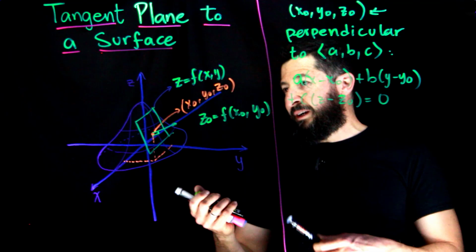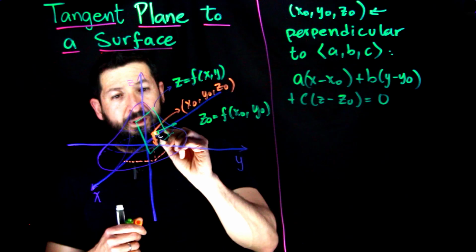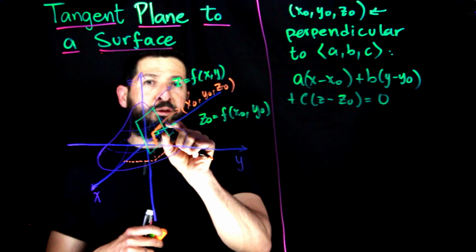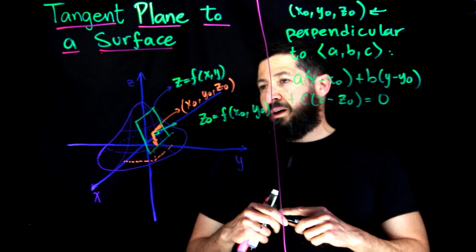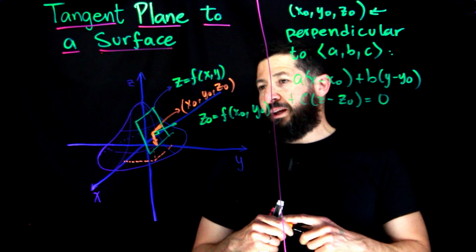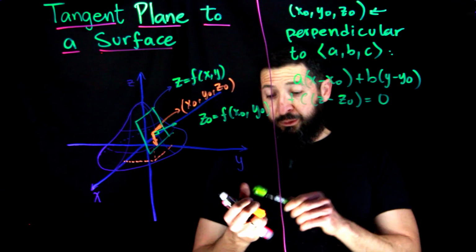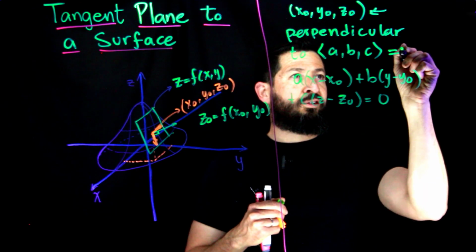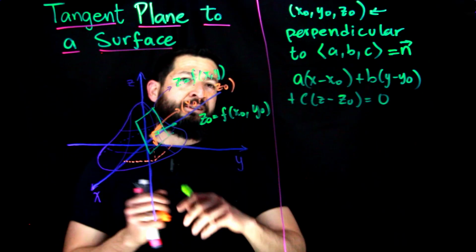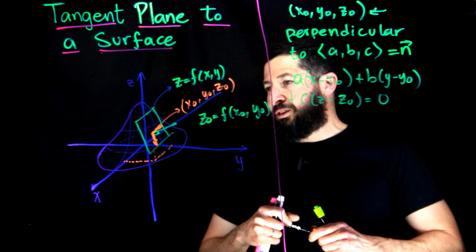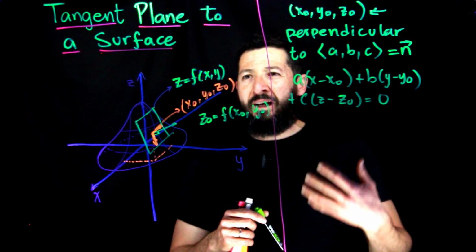It would suffice to find two vectors that are on the plane, do the cross product between them, and obtain the form of that vector n. Once I have n, I plug it in here. I'm going to call this one n, just the normal vector, so we have it in view. Let me erase this, and then I'm going to show you how to find those two vectors. But I first wanted you to have an idea of what we're trying to do and how we're going to do it.